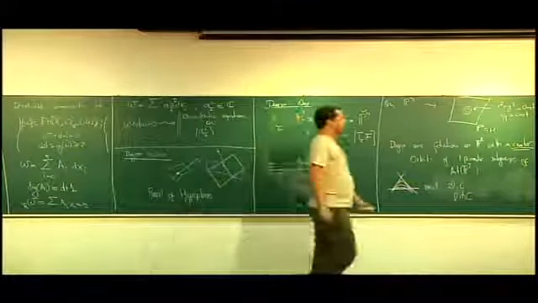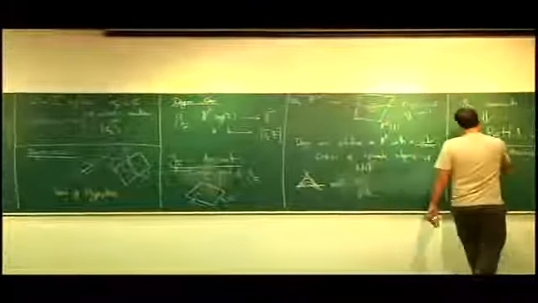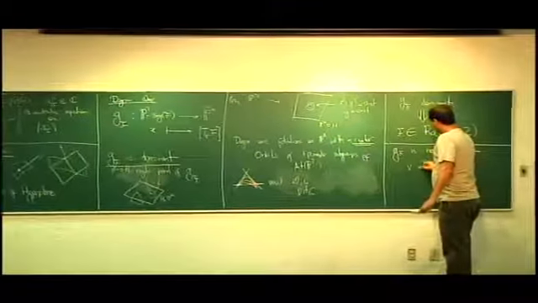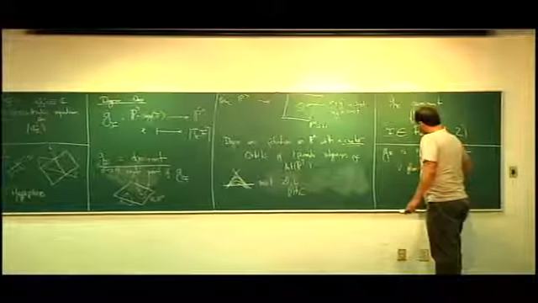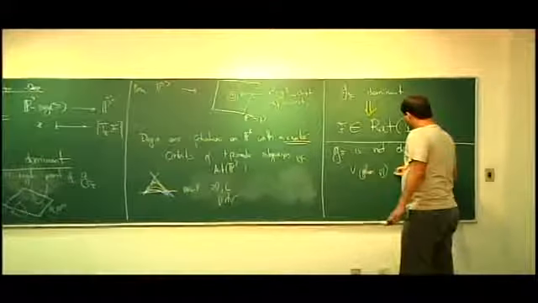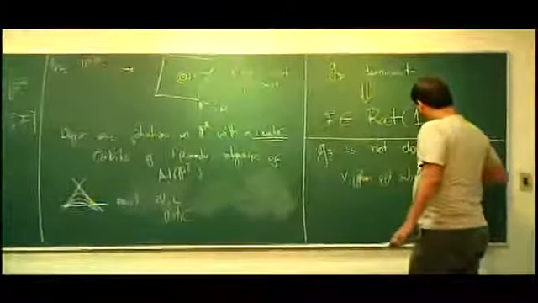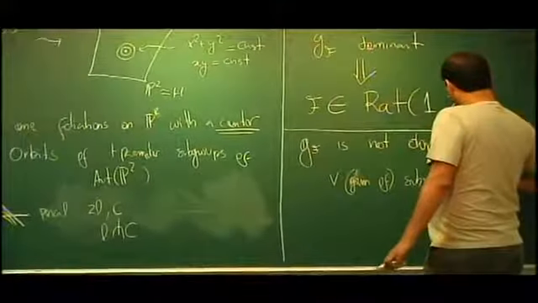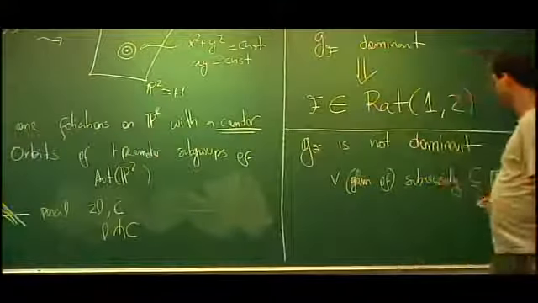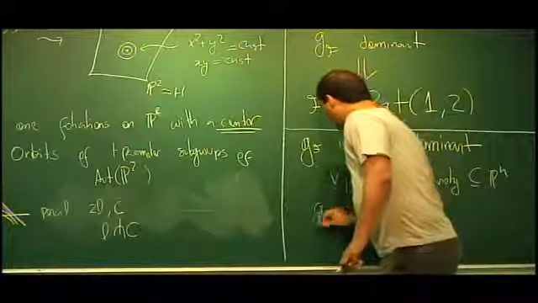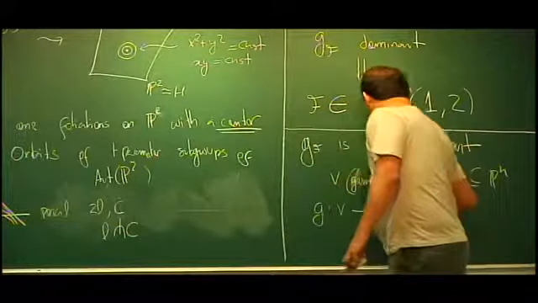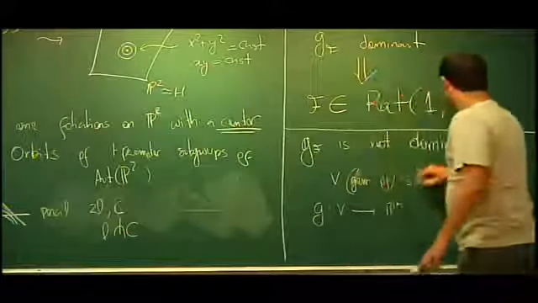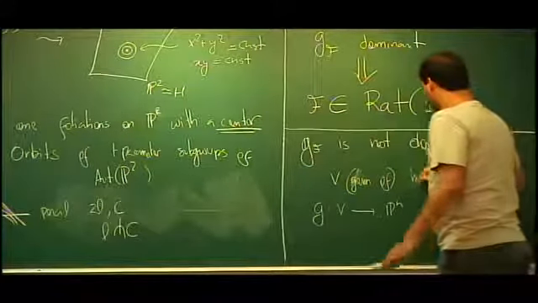For instance, if I have V, a germ of subvariety of Pn, and the Gauss map of V, a germ of, say, hypersurface. That's what we need.